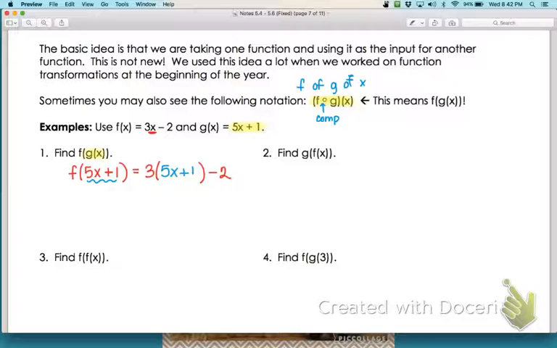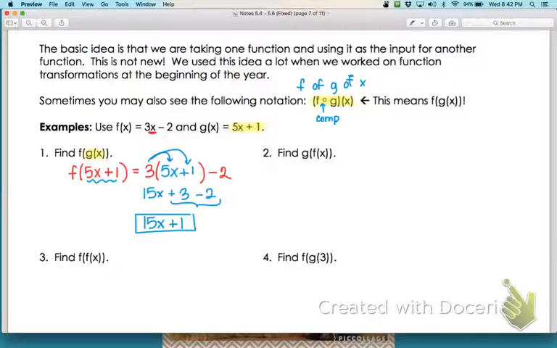And so now we just want to simplify by distributing, combining like terms, anything we can do there. So to start, I'm going to do 3 times 5x, that's 15x. 3 times 1 is 3, and then I have minus 2. These make like terms. So 15x plus 1 is what we get for f of g of x.